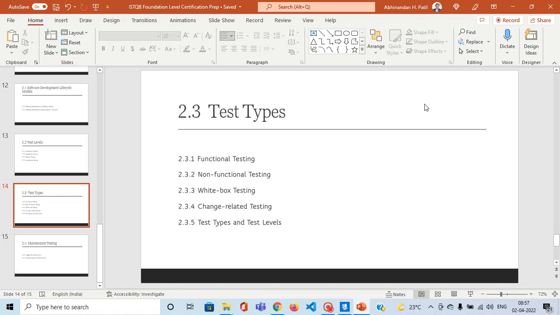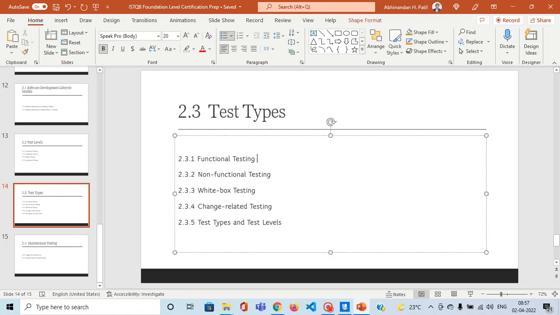Now, what do we mean by functional testing? It is a way of ensuring testing functions that the system should perform. Let's say we would have developed a system with certain functions in mind, whether they are functioning as intended. Functional testing is very much black box testing.